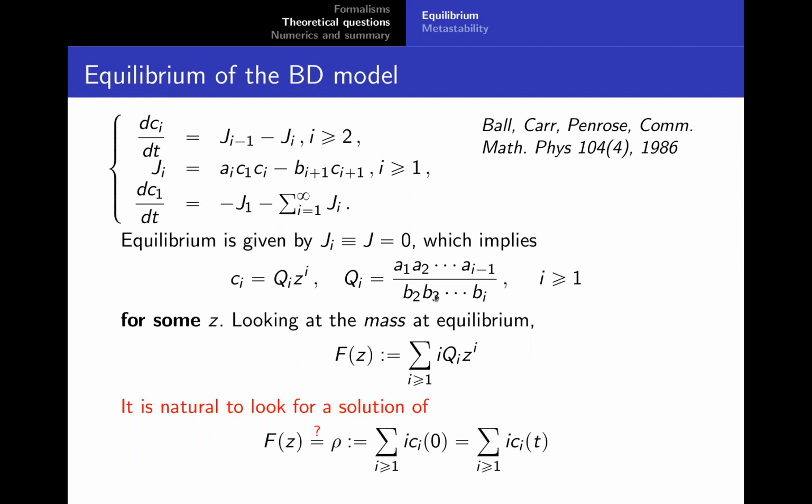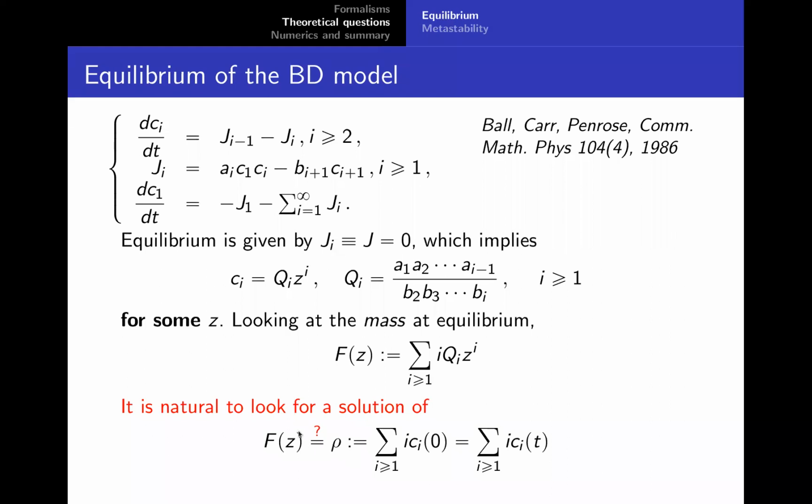So this was calculated by looking at the right-hand side equal to 0 for the ODE. And we remember that for all time the system preserves mass, that is the sum of i C_i here. So it's natural to look for an equilibrium that also has the same mass, the same sum of i C_i. So you plug this family of candidates into the mass conservation, and you look for a solution such that the sum of i Q_i Z^i, the mass of the potential equilibrium, equals the mass of the initial condition.